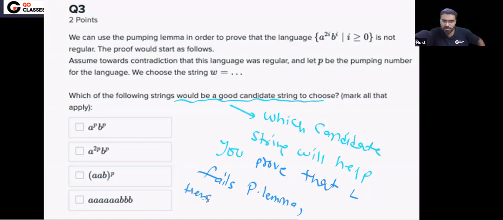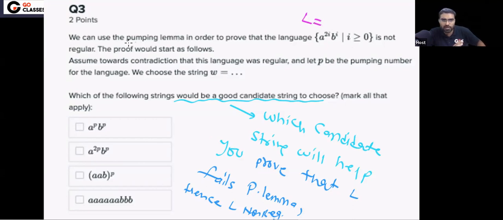Hence L is non-regular. So this is what the question is asking. Did you understand the question? This language is given to you.